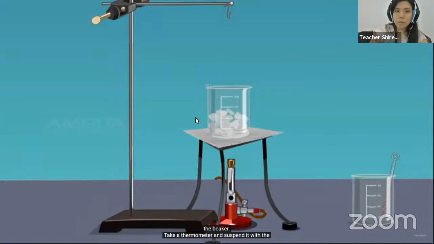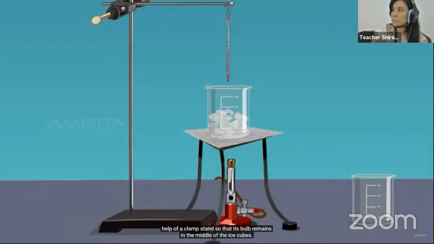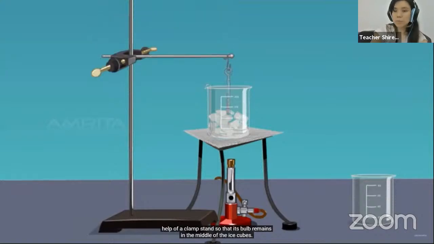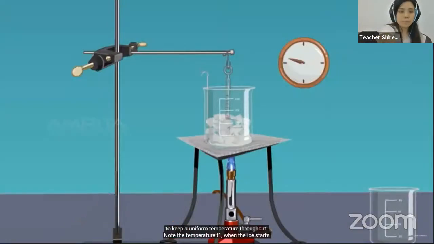Take a thermometer and suspend it with the help of a clamp stand so that its bulb remains in the middle of the ice cubes. Heat the ice cubes at a moderate temperature using a Bunsen burner and stir continuously to keep a uniform temperature throughout.